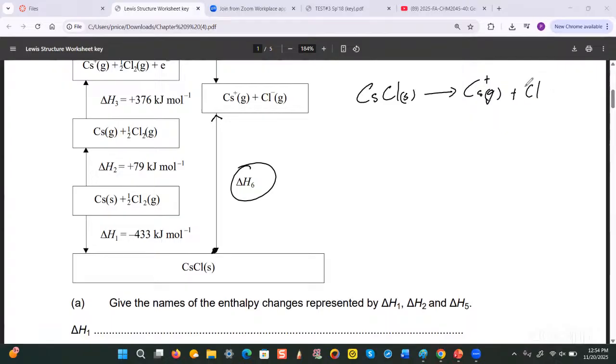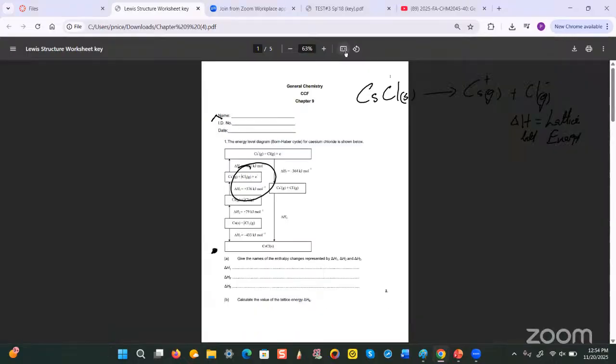In this case, it's the chloride and cesium ions. So basically, this delta H here is equal to the lattice energy, or delta H lat, in some textbooks. All right, so that's the definition that we're sticking to. Okay, so with that said, this is what we need to calculate. Let me make this small. Oh, not that small.